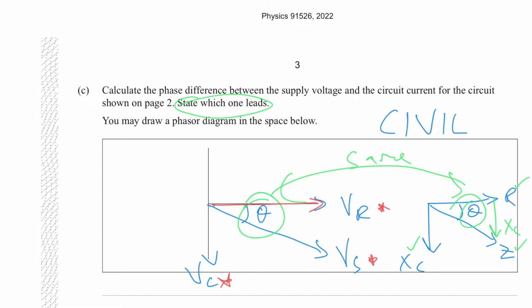Those will all give the magnitude of the current, but the phase of the current always follows the resistance. And because it's a rotating vector in that direction, we know that the current is going to lead the supply voltage. It's going to peak first. It's going to hit the top first, so it's peaking first. It's leading.